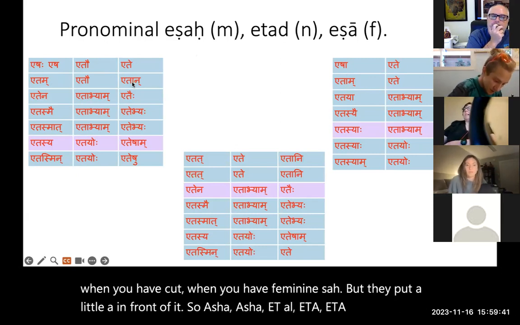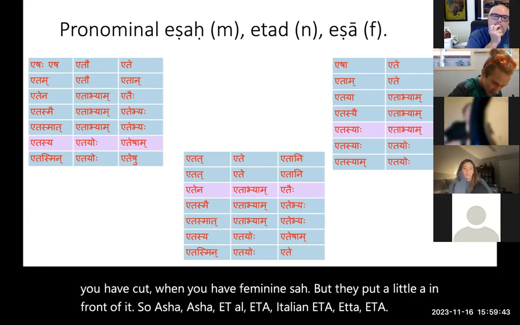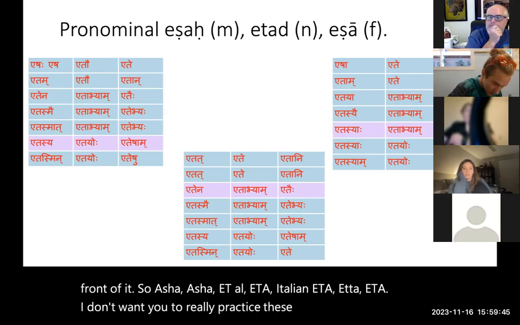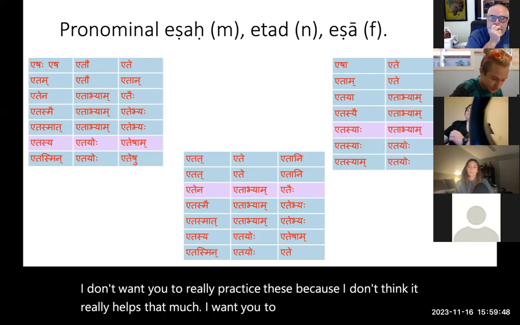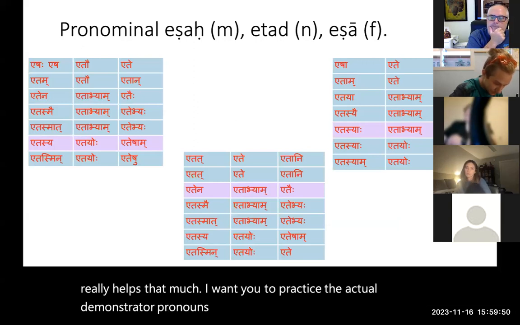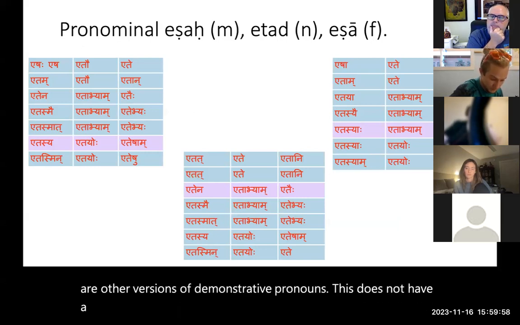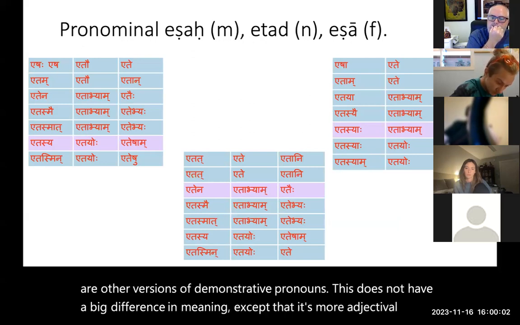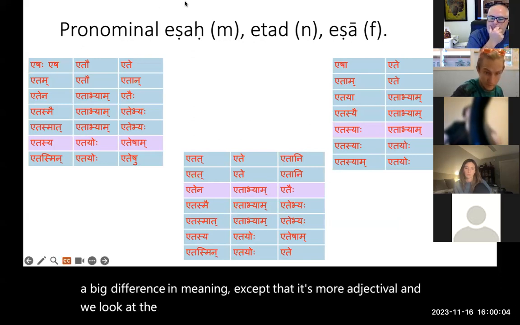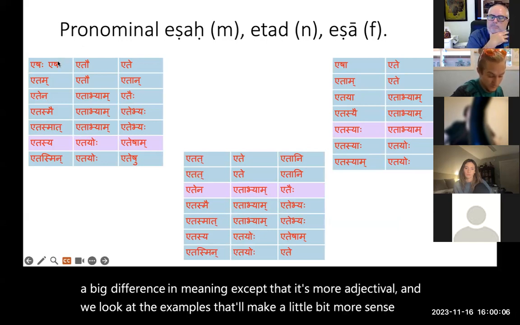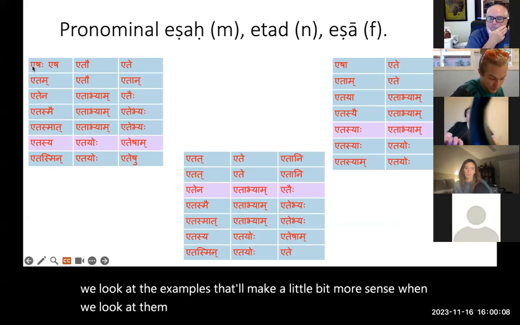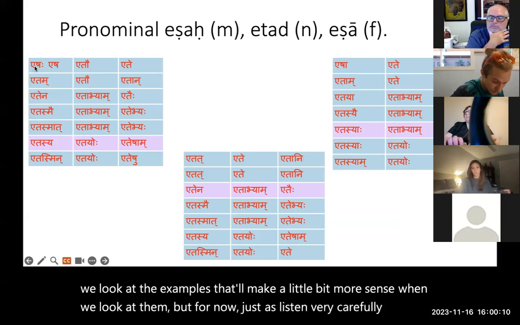I don't want you to really practice these because I don't think it really helps that much. I want you to practice the actual demonstrative pronouns. But what I want you to see is that there are other versions of demonstrative pronouns. This does not have a big difference in meaning, except that it's more adjectival. When we look at the examples, that'll make more sense. But for now, just listen very carefully, you'll see that they're the same.